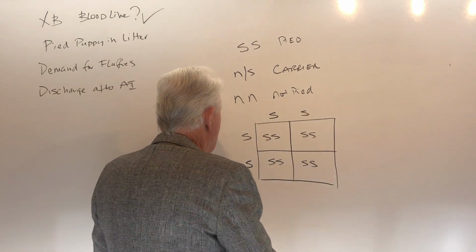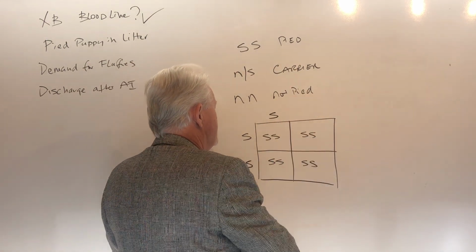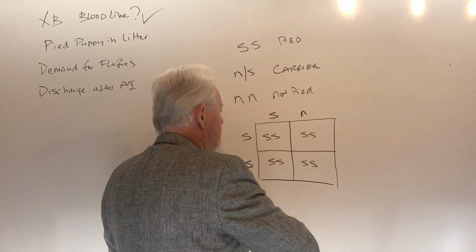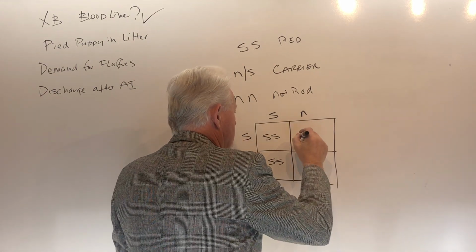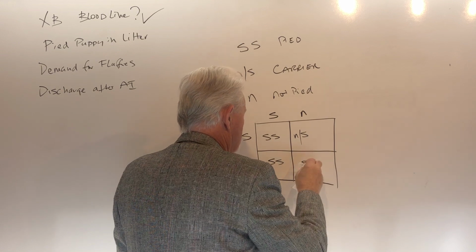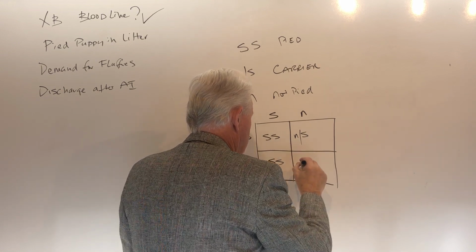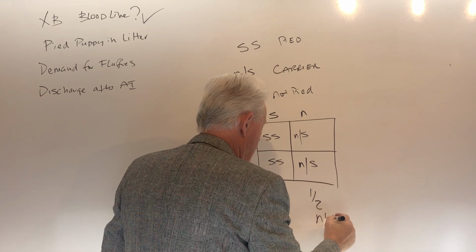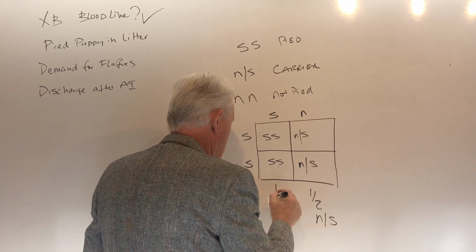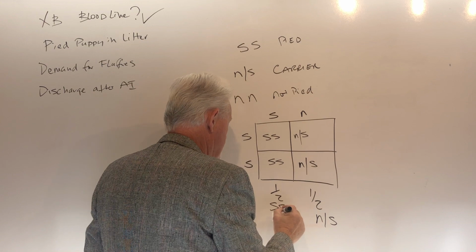All right. Now let's change this, so this dog is a carrier of pied. What happens? We get 1/2 NS pied carriers and 1/2 SS pieds.